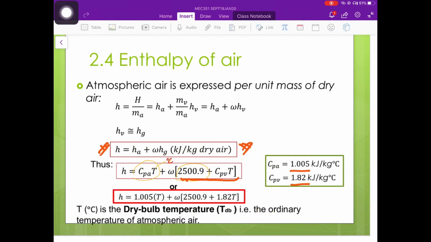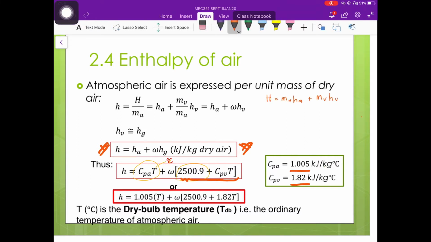Since the atmospheric air is expressed per unit mass of dry air, we are going to divide this equation by the mass of the dry air. Note that this term gives us the unit of kilojoule over kilogram, therefore we can assign small letter h.